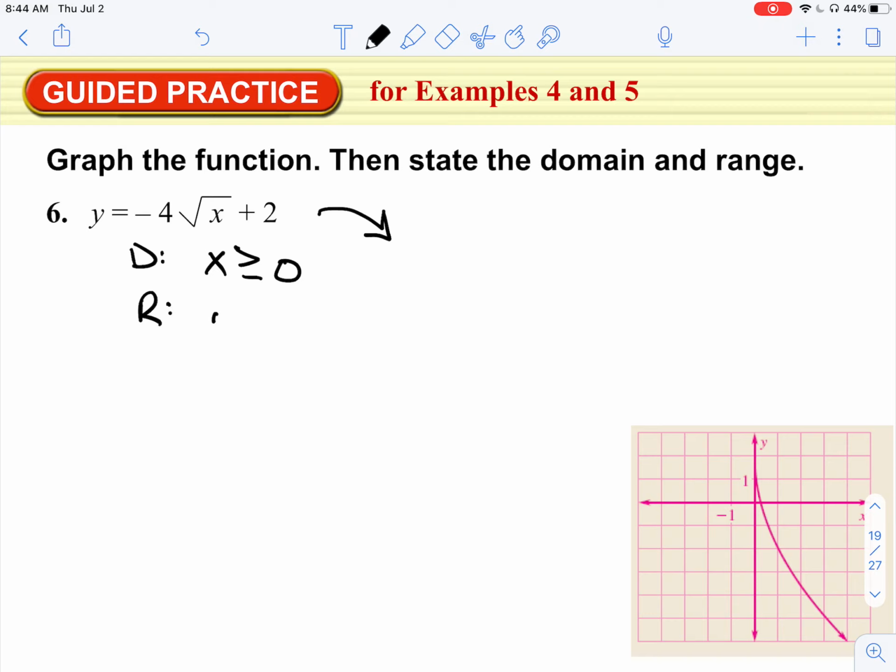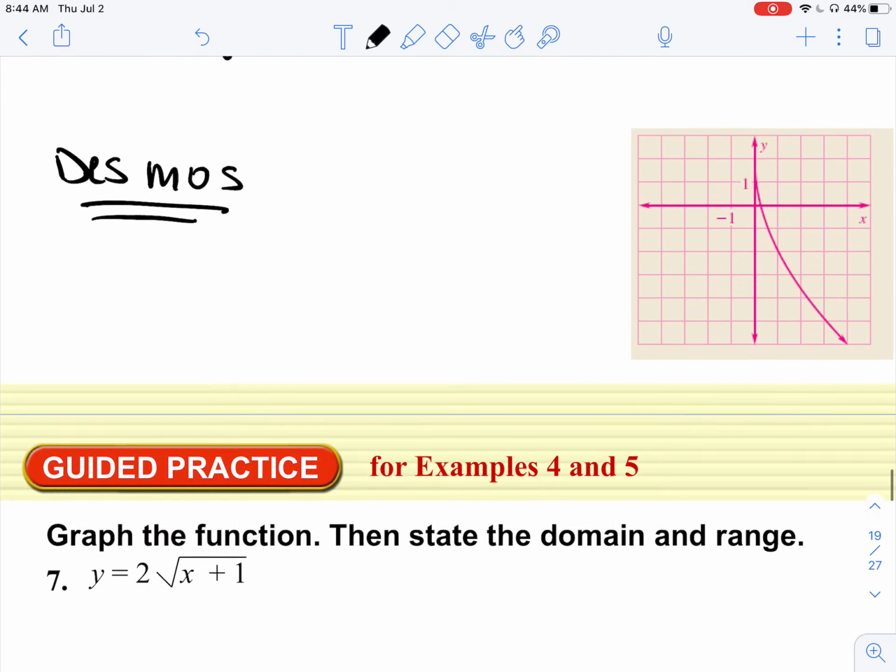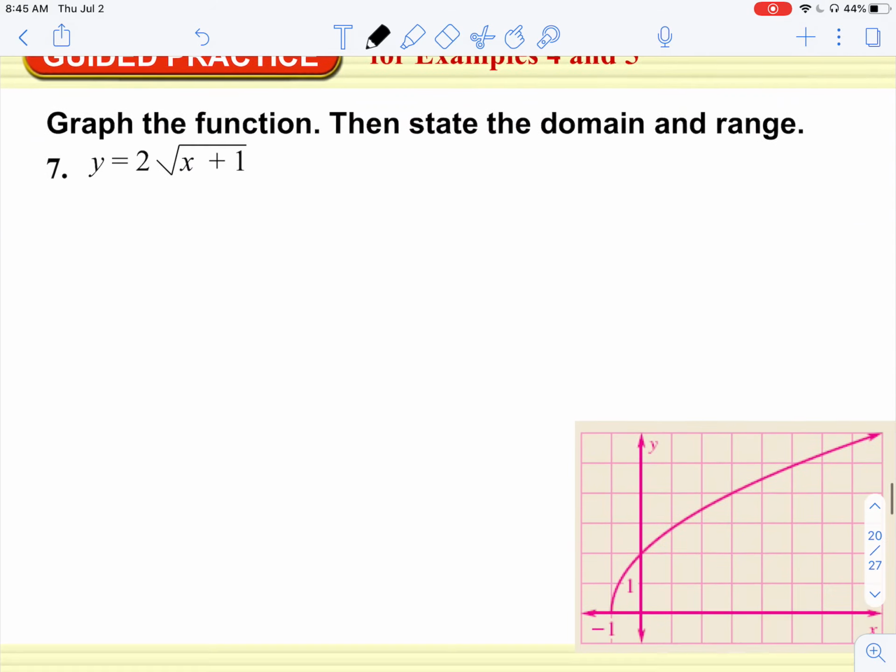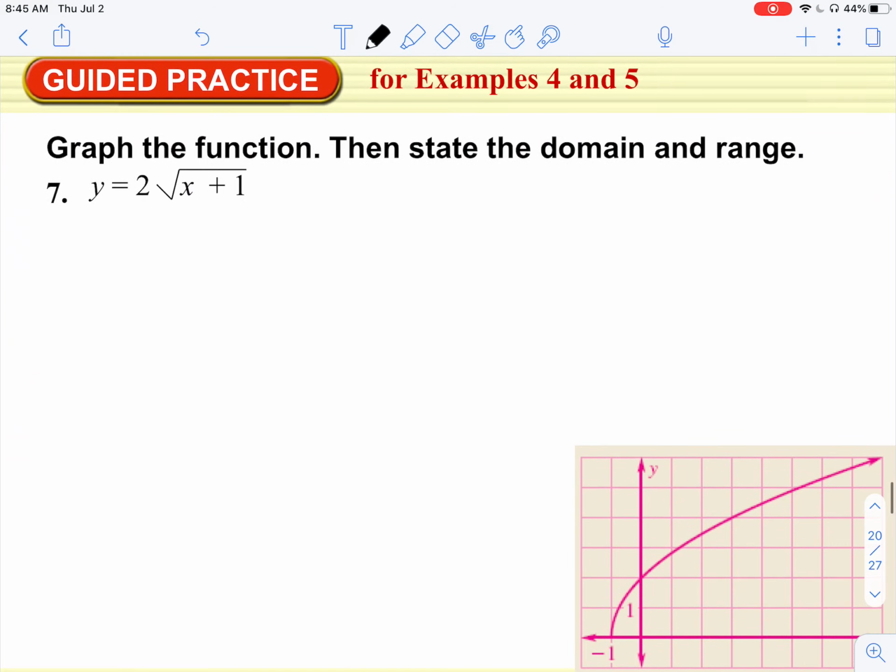And my range is going to be everything less than or equal to 2. Remember, you can always open up some Desmos and check out your graphs. I love to see your work on paper when you're showing me that you understand things. I need to know if you can interpret Desmos on paper, but I need to see work on paper to make sure you understand.